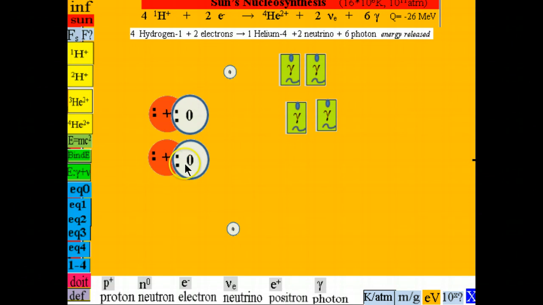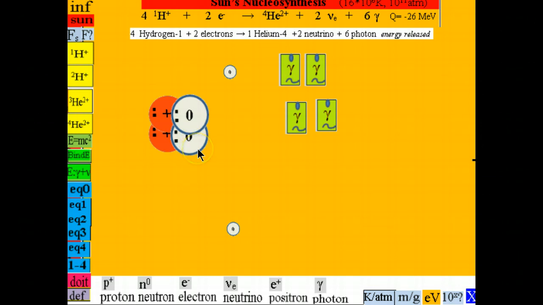Now these hydrogen 2 nuclei crash into each other, and we leave out a little detail here, but it doesn't really matter, and they fuse into a helium-4 atom.